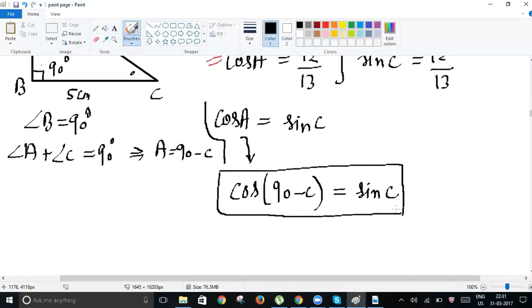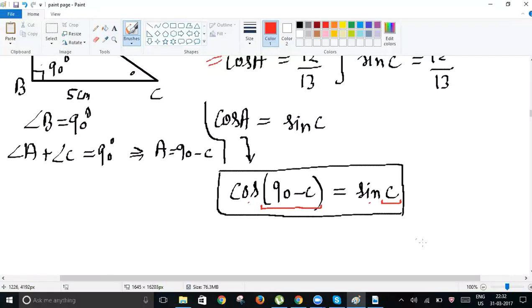Complementary relationship means if we calculate for two complementary angles, look at these two angles, 90 minus C and C. What is the sum of these two angles? 90. And if the sum of two angles is 90, what do we call those angles? Complementary angles. So if your angles are complementary, then value of sine is equal to value of cos, or value of cos is equal to value of sine.